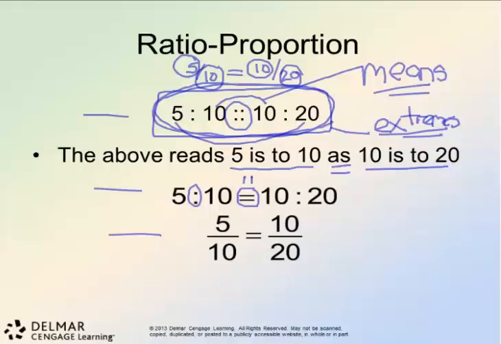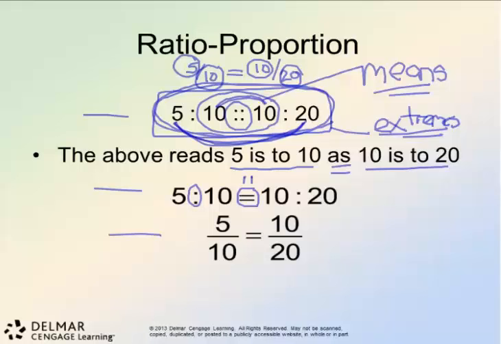And if the two fractions are truly equal, if you multiply the means together, that product should be the same as the product of the extremes. So in other words, 10 times 10 is 100, and 5 times 20 is also 100. If the two fractions were not equal, then those products would not be equal to the same number.